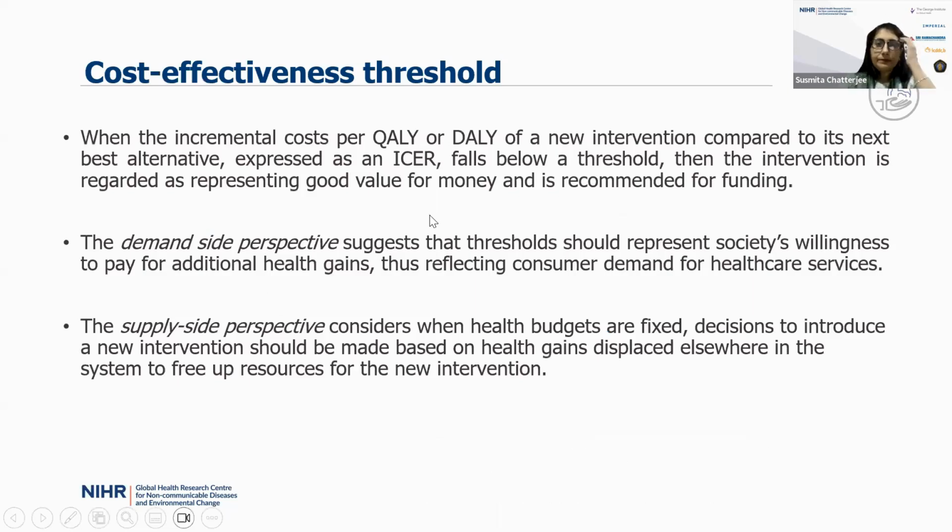Now, the threshold. As I mentioned, we have to select a threshold to decide whether I am going to choose that intervention when I'm in total dilemma in D and B. Now, what does this threshold mean? There is a demand side concept and there is a supply side concept.